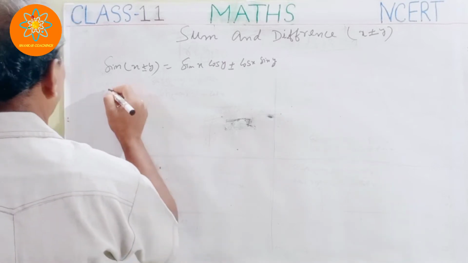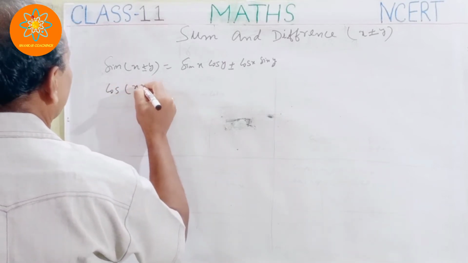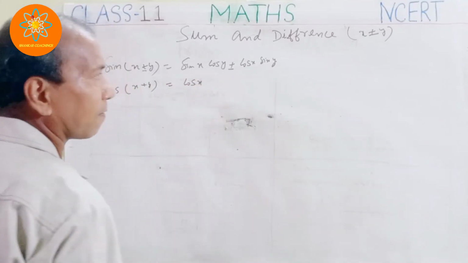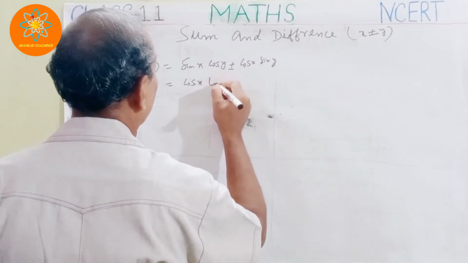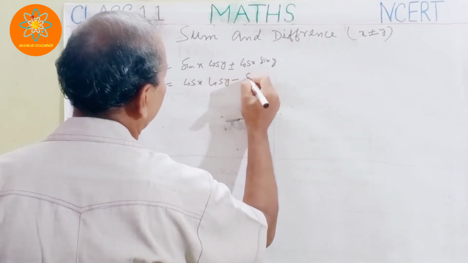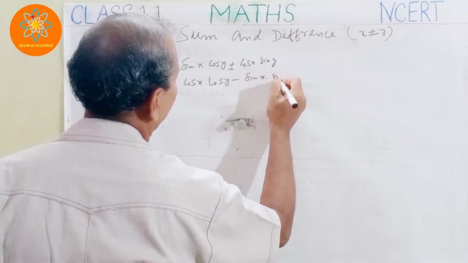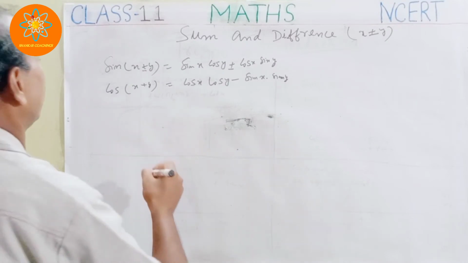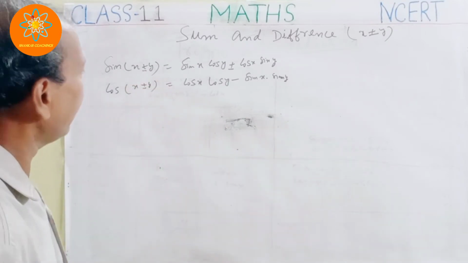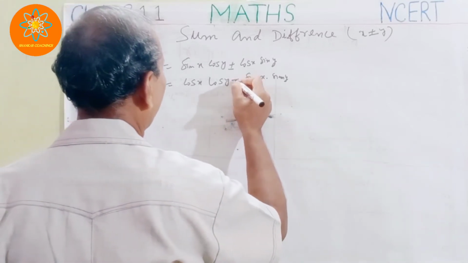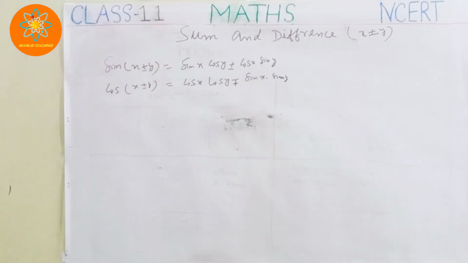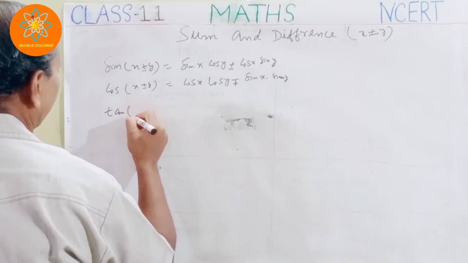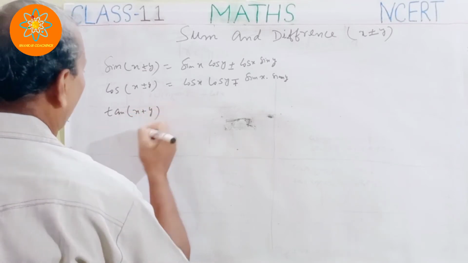Similarly, for the next, suppose I have cos(x plus y). This is your cos x cos y minus sine x sine y. Similarly, if I change the sign, x minus y, there will be a plus here. Next, suppose I am taking tan(x plus y).